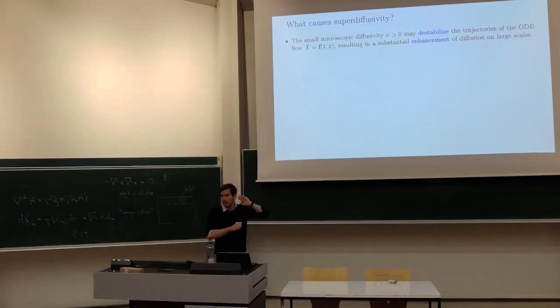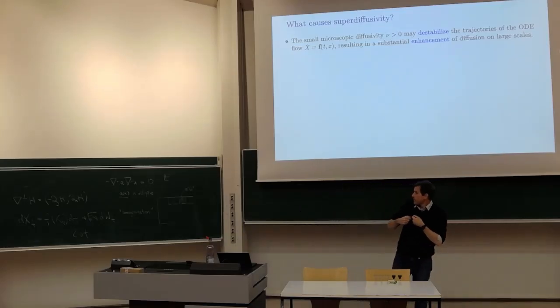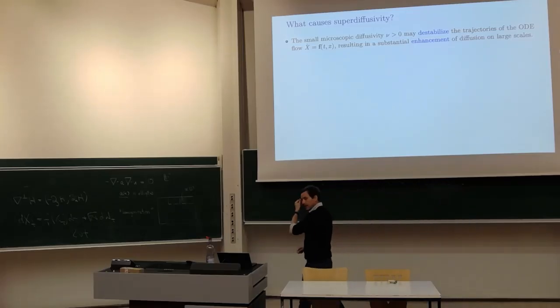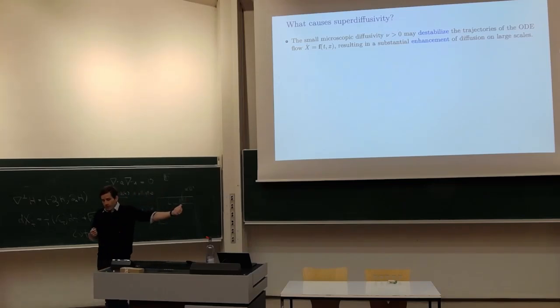So what is causing the superdiffusion? It's because the particle behaves differently at different scales. At certain scales, it looks like a diffusion process with a larger variance than it does at other scales. Okay? And the reason that this happens is because, if there's any randomness at all, it has to come from the original diffusion, right?